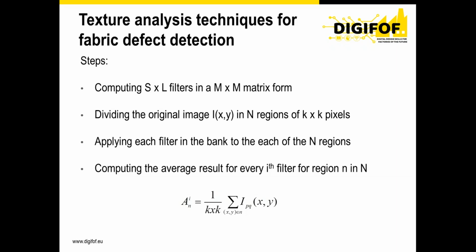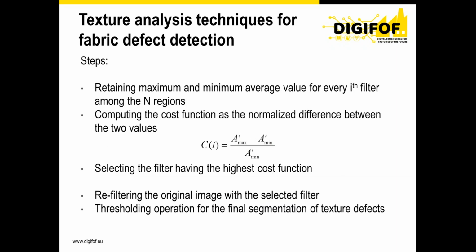result for each filter, because we will try to guess which filter will match with the texture in the image. So at the end we will have an average result for each filter applied to n subregions.